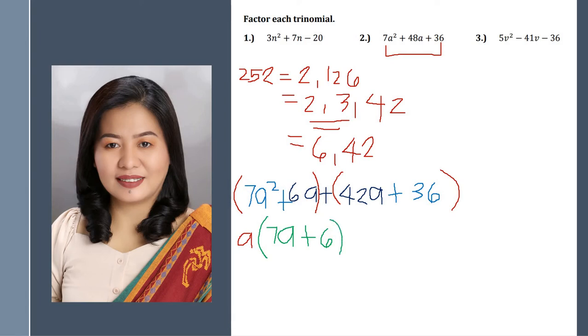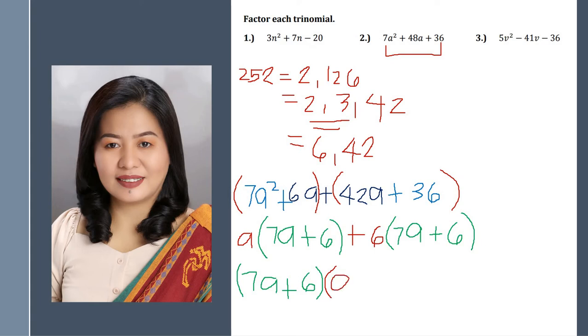and we have a plus 6, so 6. We have 7a plus 6, and we are going to take out the common factor, which is 7a. 7a plus 6 and a plus 6.